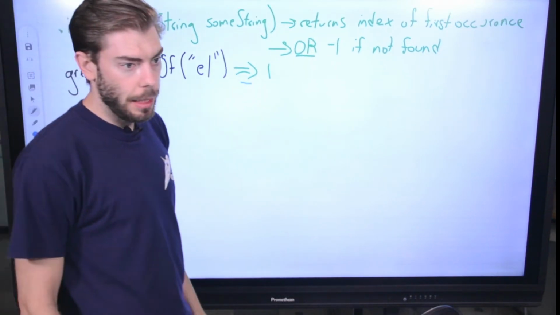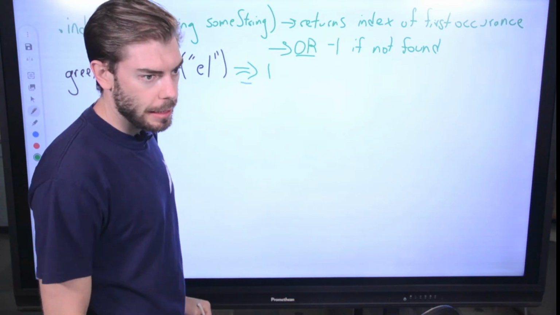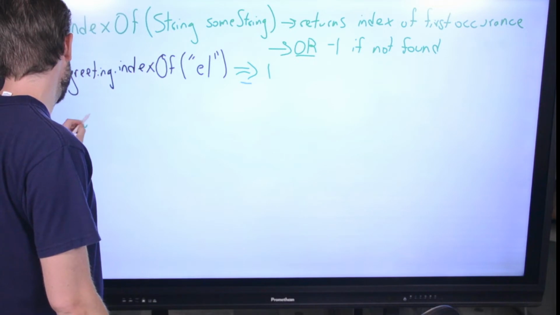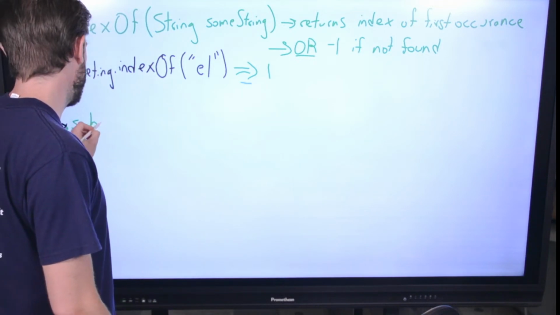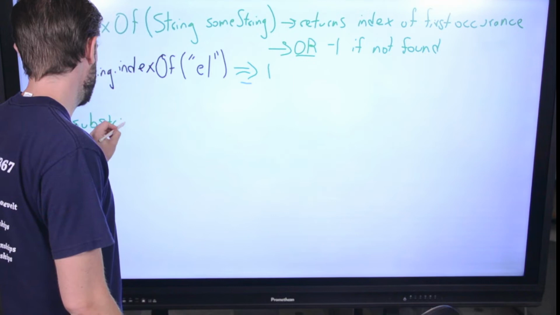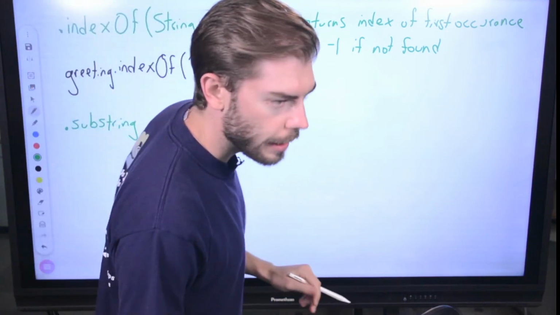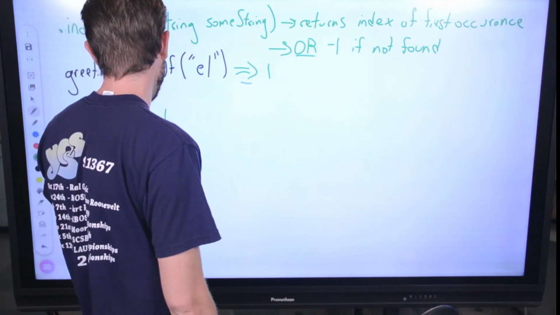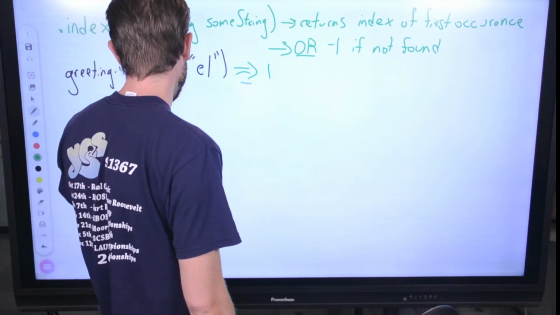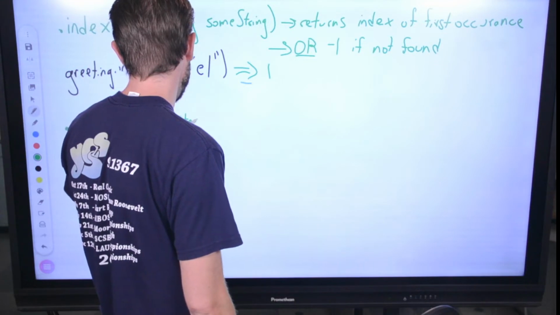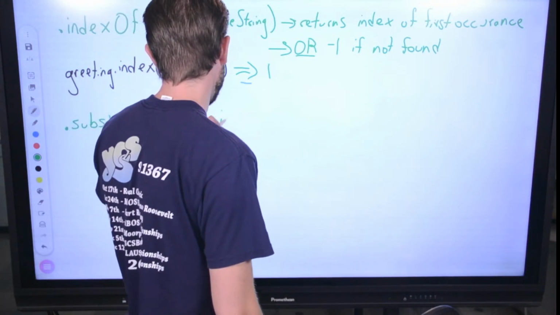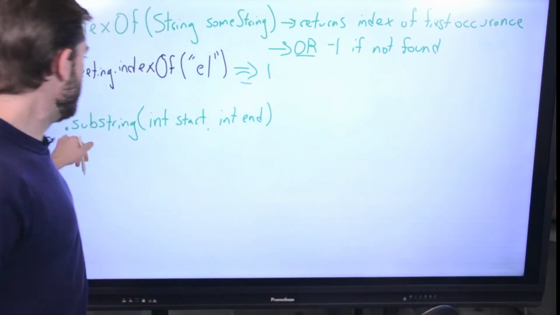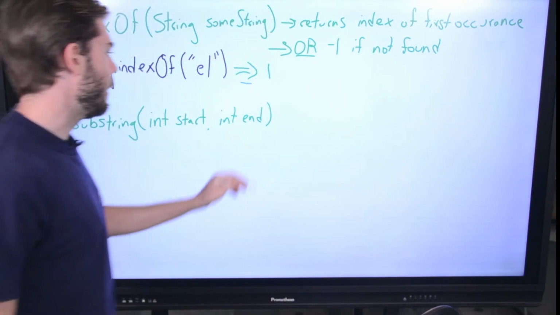Okay, next one up on the docket is our substring. Let me double check, yeah, it is lowercase. And so this is going to take an integer type of start and an integer type of end. So dot substring gives us our start and our end.